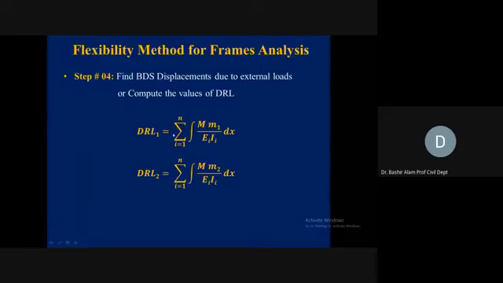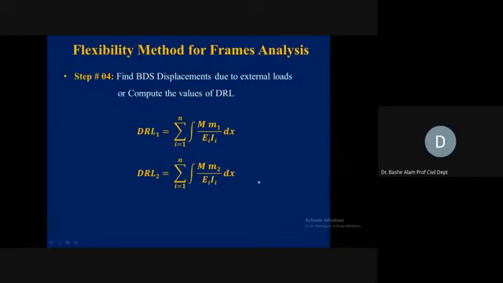It will be the summation over all members of the integral of capital M times small m1 divided by EI dx. And DRL2 will become the integral of capital M times m2 divided by EI dx, corresponding to 2. This way we compute the DRL matrix.